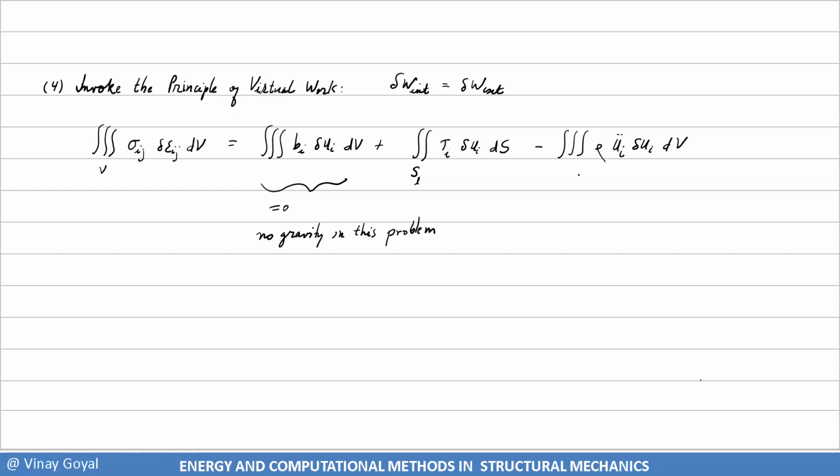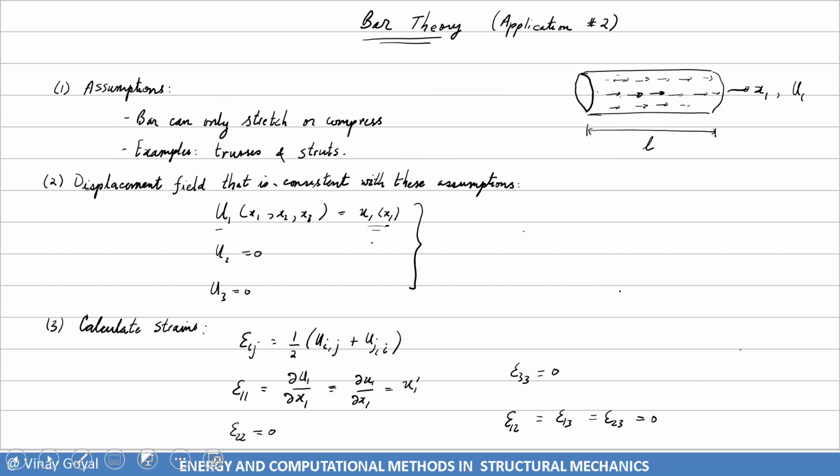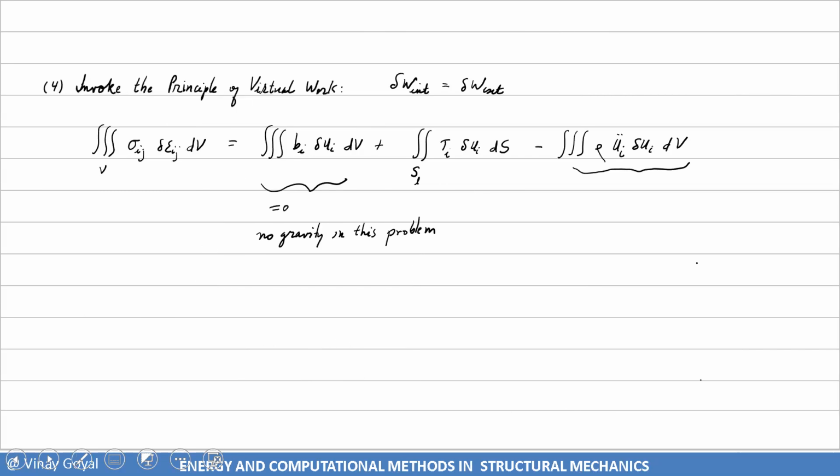In this problem, I only have one deflection that matters because the other ones are zero. This is zero, this is zero.